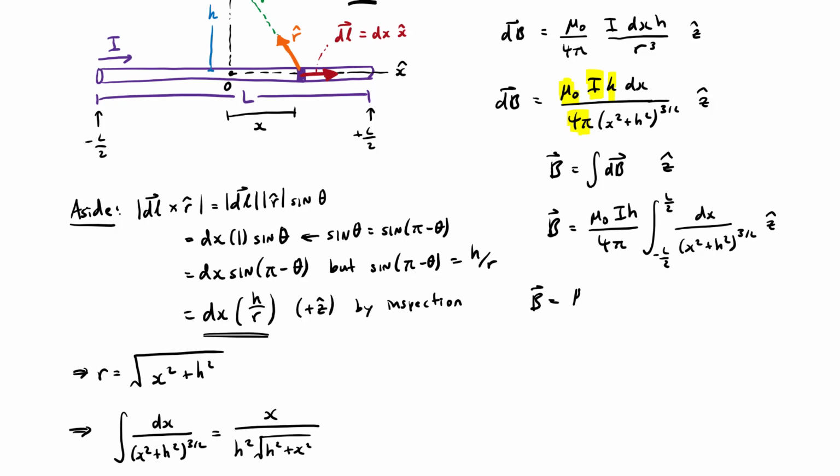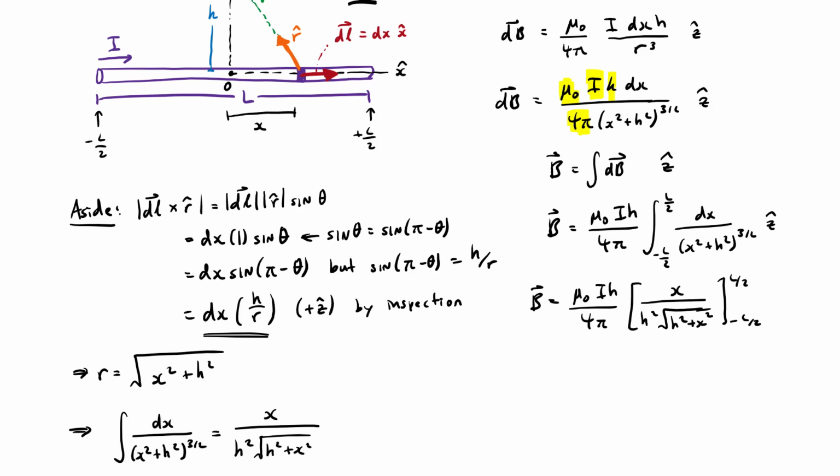That means I'd have mu naught I h over 4 pi. And if you do the math, you're going to end up with x over h squared square root of x squared plus h squared from negative L over 2 to L over 2.